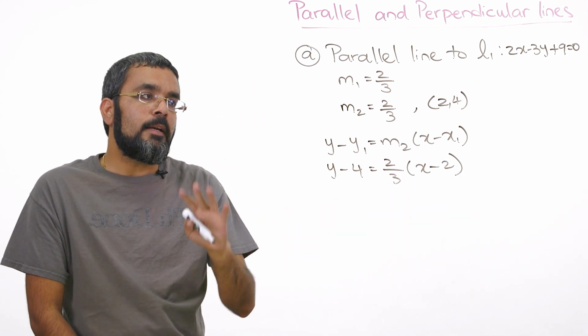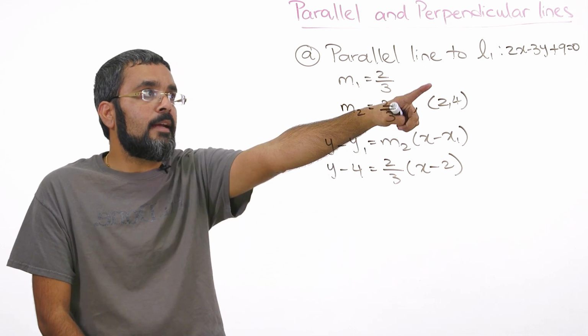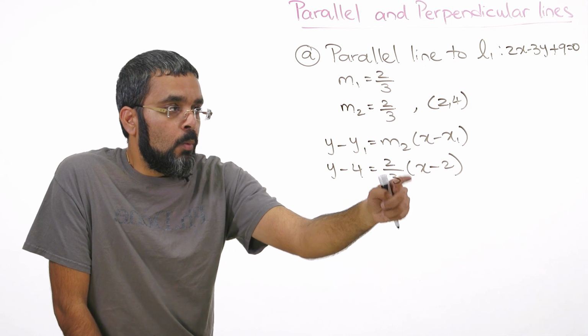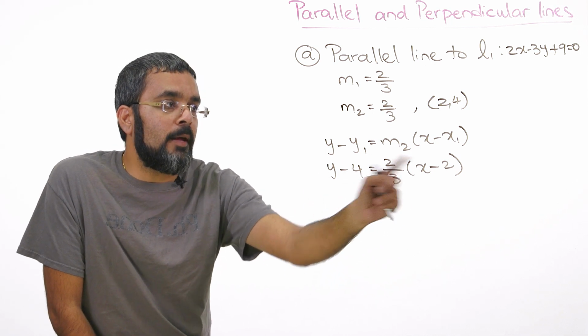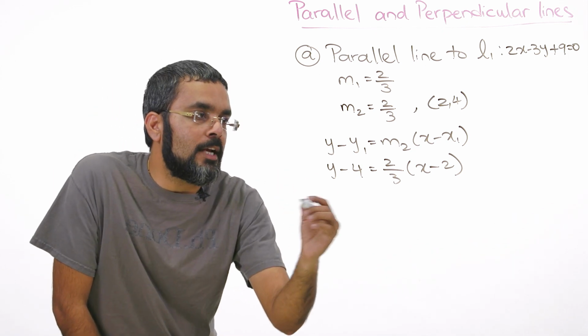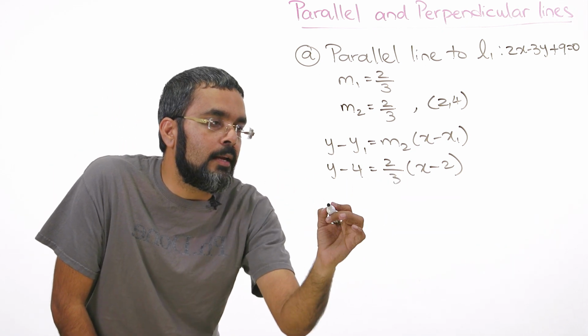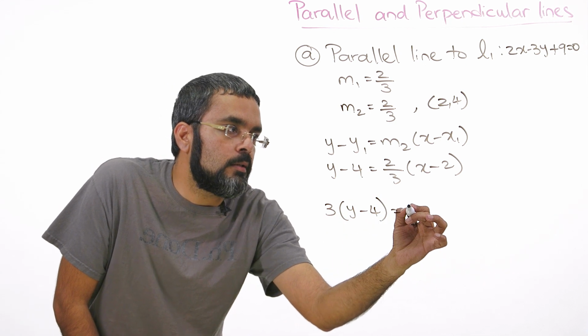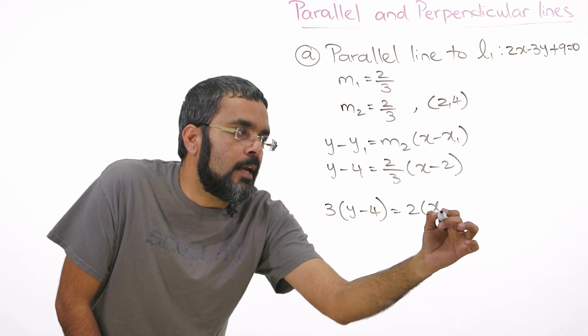And typically when we write these equations, we write them in general form. So how do I get it in general form? One thing I can do is multiply both sides by 3. If I do that, I get rid of my denominator. So I get 3 times y minus 4 equals 2 times x minus 2.